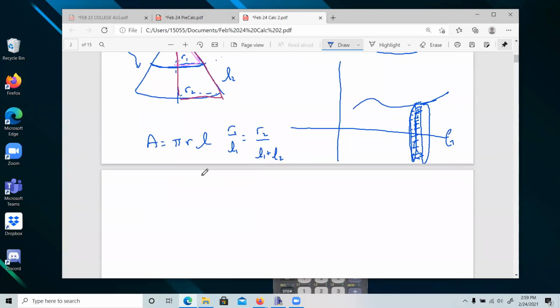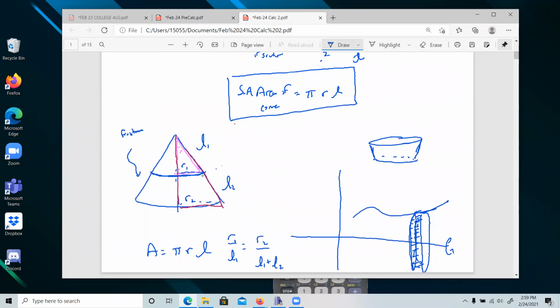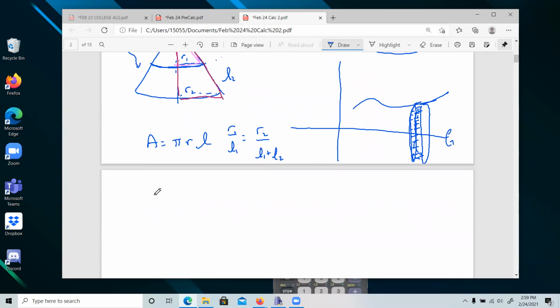So we have that relationship going. Next up, we're going to take the big area minus the little area, and that should be the frustum area. So big area minus little area. That's all we're doing.